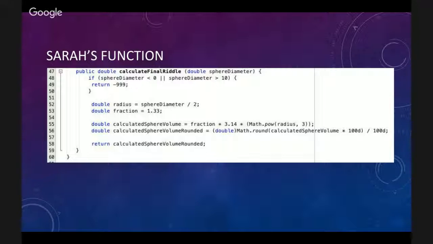We also used the math.power function, which made it a lot easier to get the actual cubing of the radius instead of trying to write it another way. And then we rounded it because otherwise we would have some issues with our test functions, and I'll get to that in a minute.